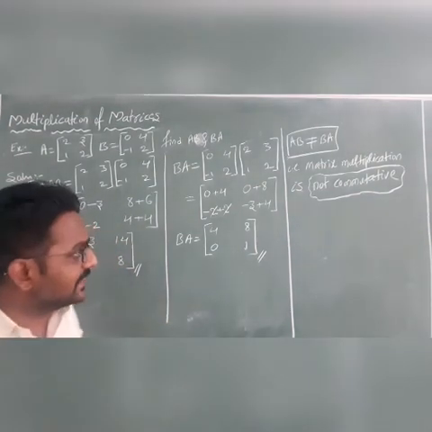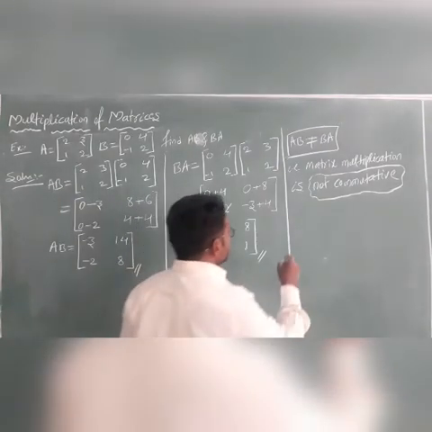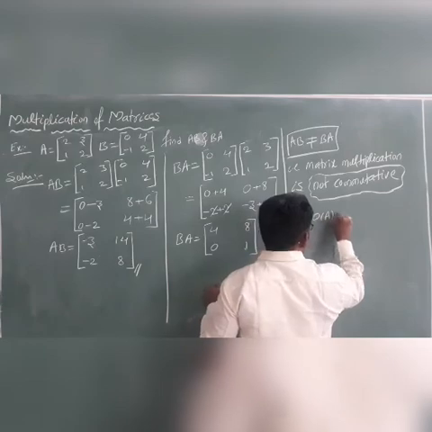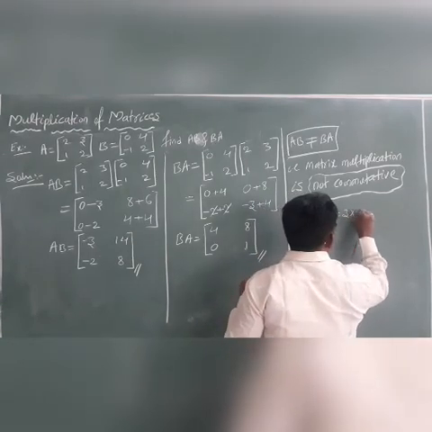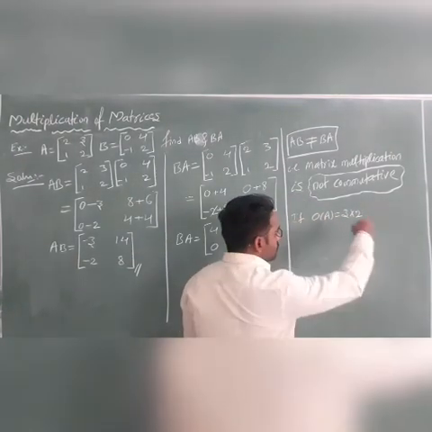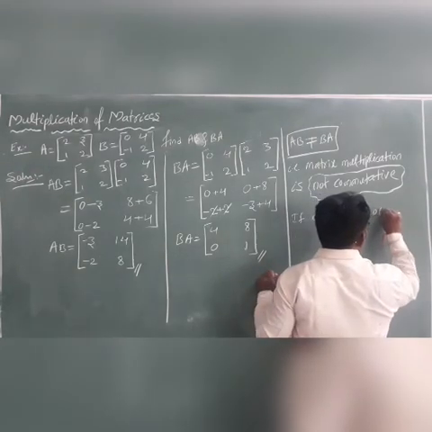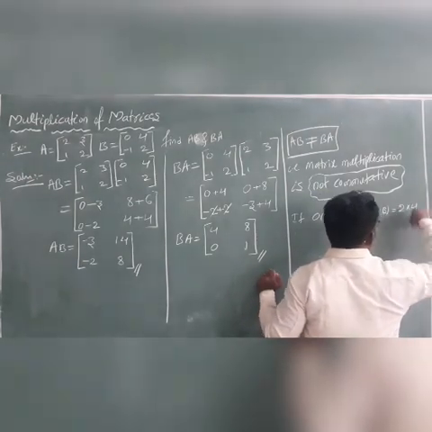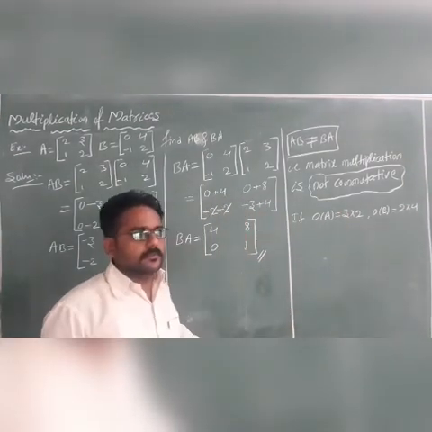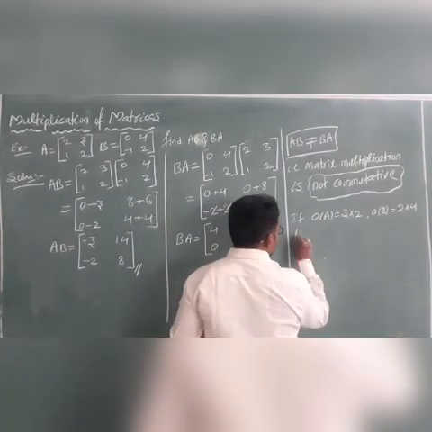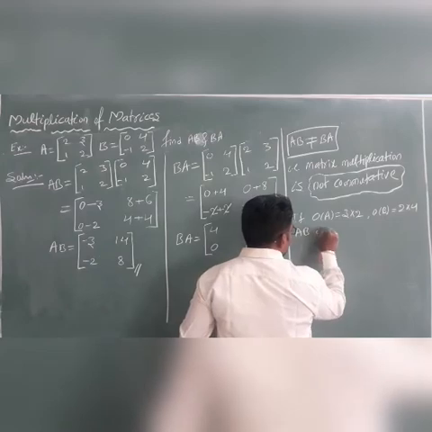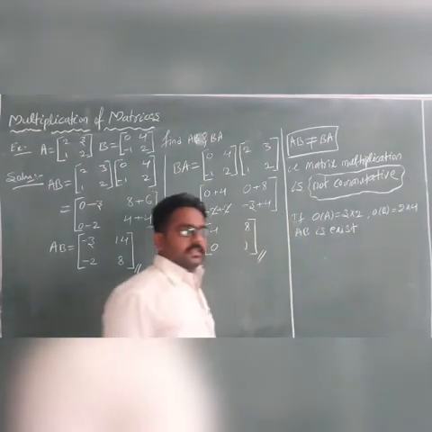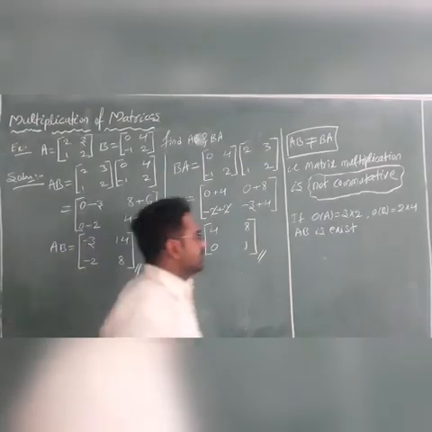Okay. There is another condition, students. If the order of A equals 3 by 2 and the order of B equals 2 by 4, then AB exists.